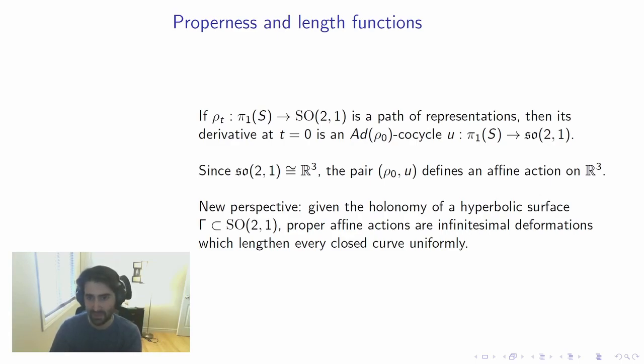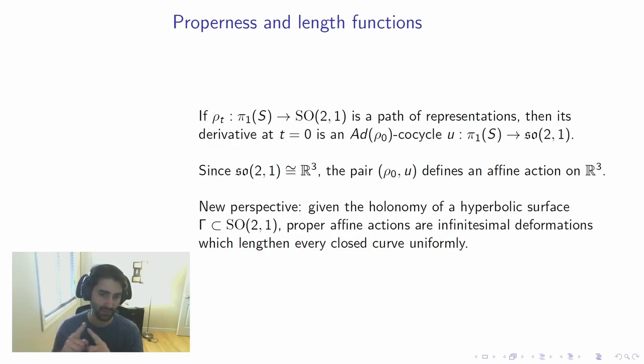So I hinted at this a little bit before when I said that the Margulis invariant had something to do with properness, because it detects when elements have fixed points. It actually has a lot more to do with properness. The succinct way to say this is: if you fix the holonomy of a hyperbolic surface in SO(2,1), then you can look at its tangent space in the space of representations.